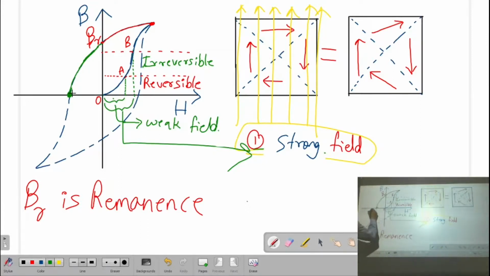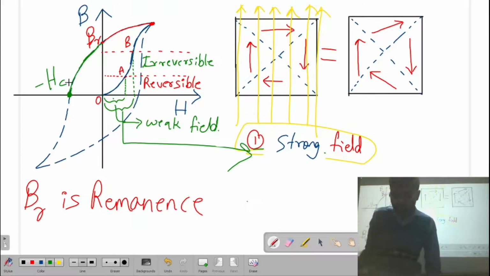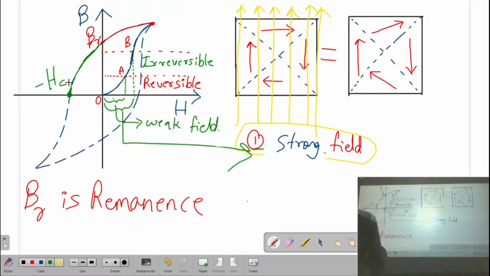This is known as minus HC. Remember, this HC is nothing but the coercive force.